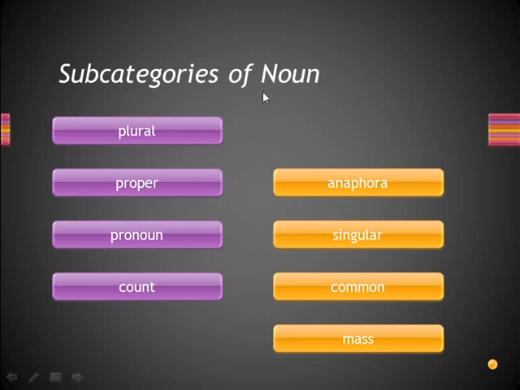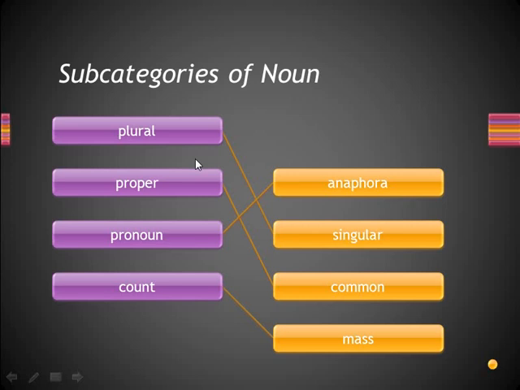We have also subcategories of the parts of speech, like noun. Nouns can be divided into plural and singular, proper and common, pronoun and anaphora. What is anaphora? We'll discuss this later, maybe with group 5 or next. And then countable and uncountable, or mass.